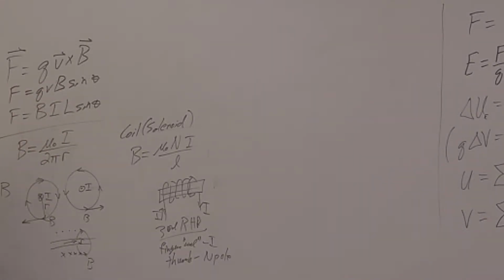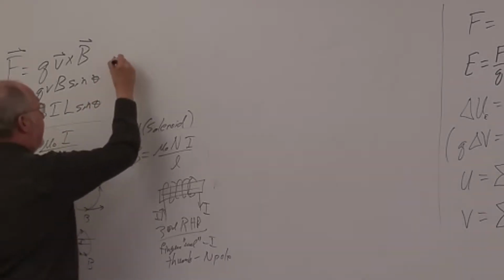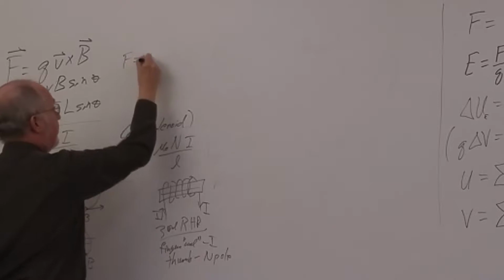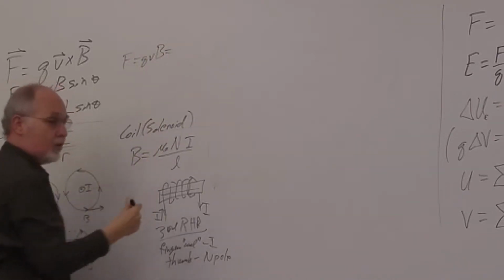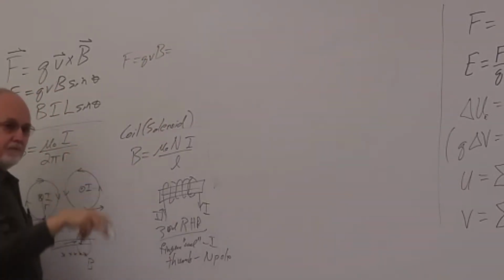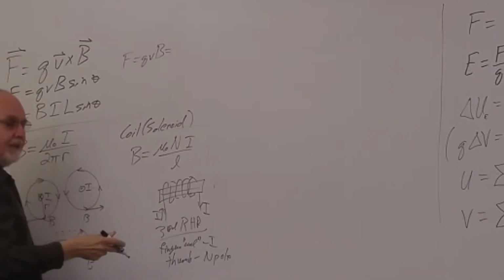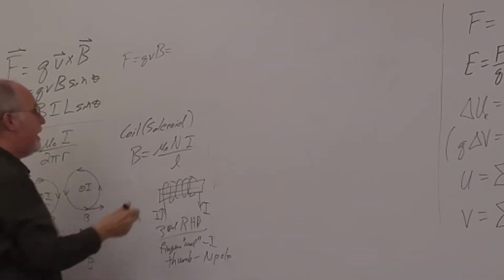So we had that. If you've got a charge moving in a magnetic field, the force is qvB, assuming v and B are perpendicular, then that force, which would be the qvB, is a centripetal force, causes it to change direction and not speed up or slow down.